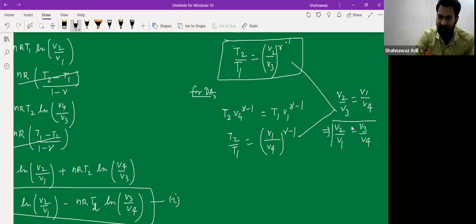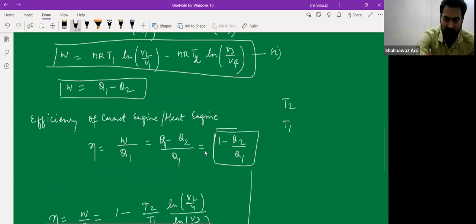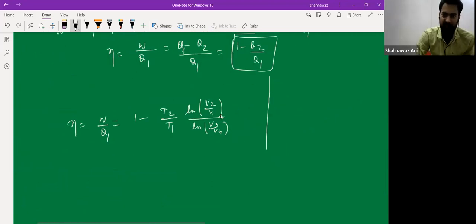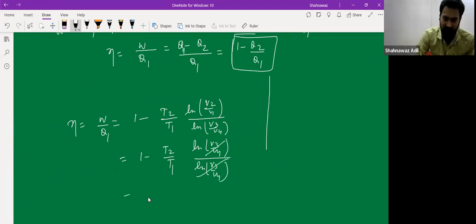Okay, so this I wanted to gain from this adiabatic process. So V2 by V1 is what? V3 by V4. So ln V3 by V4. So this cancels, so we have 1 minus T2 by T1.